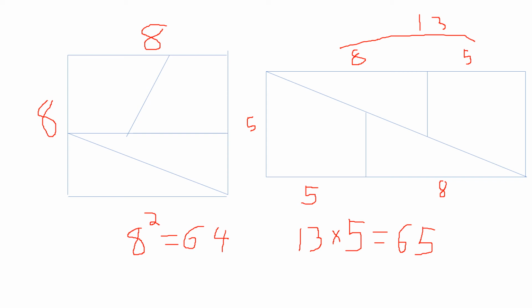So by cutting up this square and arranging it as a rectangle, we gained 1 square unit of area.